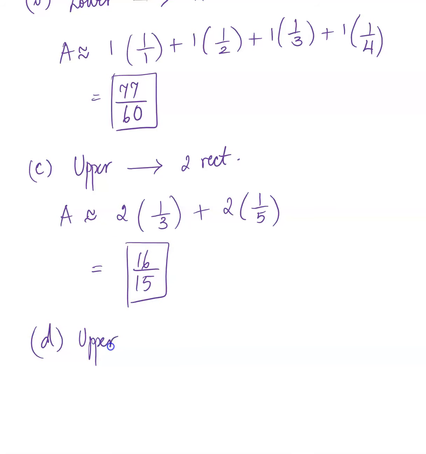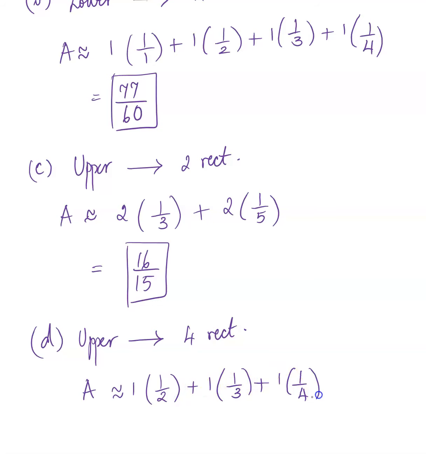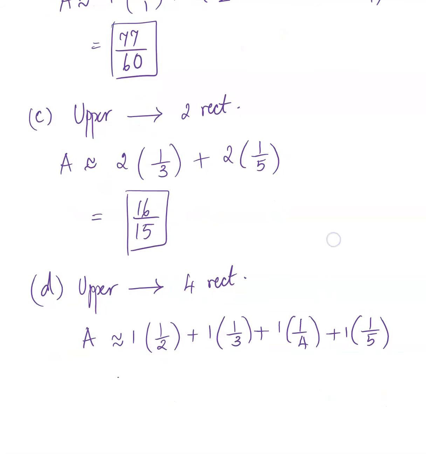And then we have the upper sum for 4 rectangles. So 1 times 1 over 2, plus 1 times 1 over 3, and so on, up to 1 over 5. And that comes out as 25 over 12. Okay, so I showed you 2 ways of doing it.